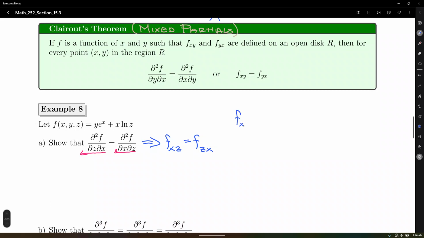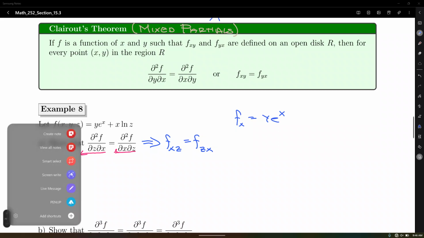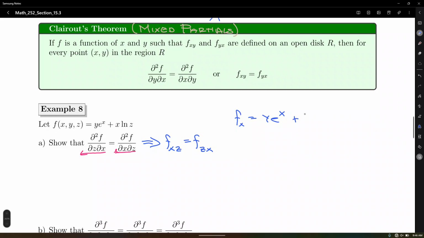So, fx, the first partial with respect to x: the derivative of y e to the x is itself, y e to the x, plus x ln z, the derivative of x, which is just 1, times ln of z, that's ln of z. And then the partial with respect to z: in this case, y e to the x does not have any z's in it, so that's a constant, that's going to be 0.